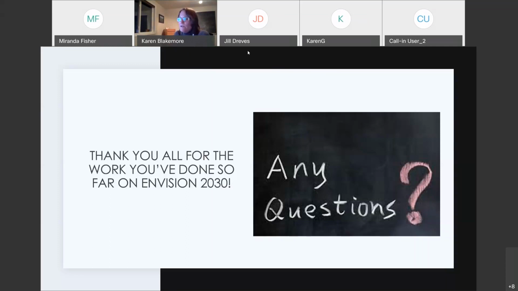Yeah, and we did get feedback on the Envision 2030 survey that people thought we should do less to accomplish more. They thought the town was spread too thin. So that speaks to maybe a small number of goals.